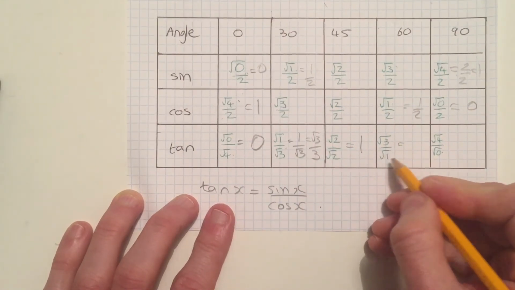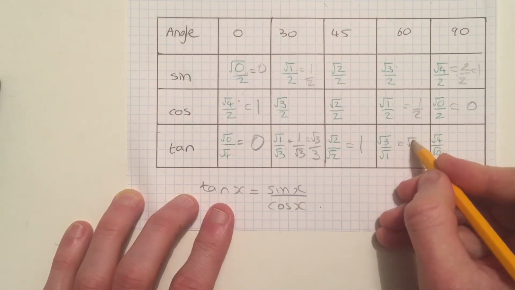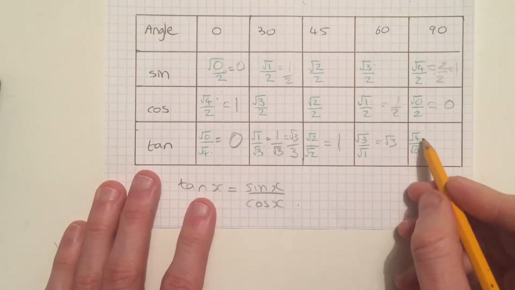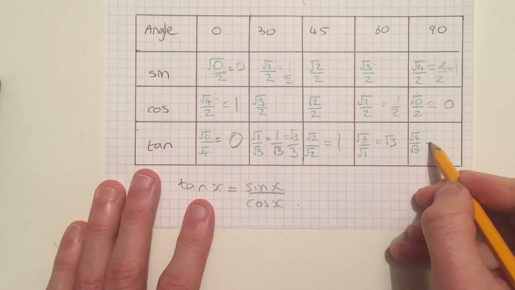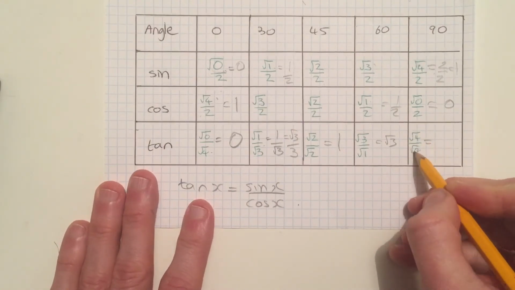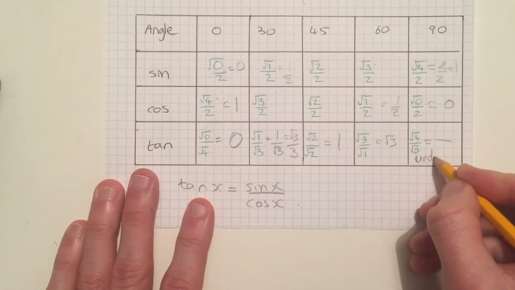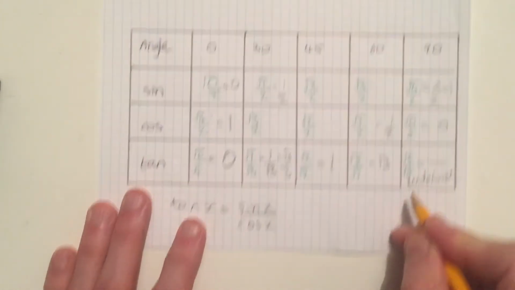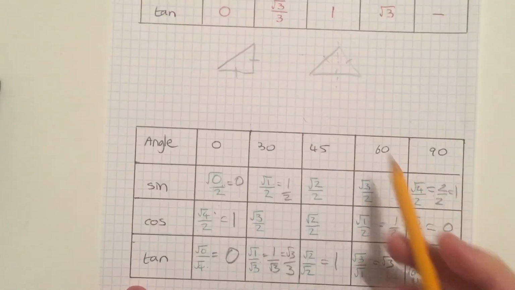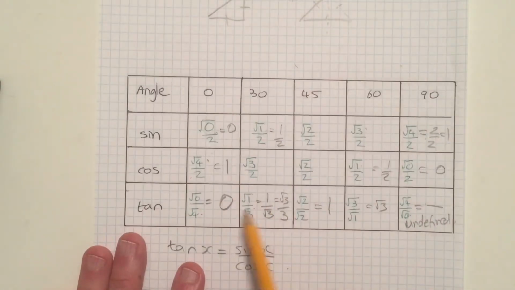Root 3 divided by 1 is just root 3. Root 4 divided by 0, well, we're not allowed to divide by 0, so this is actually undefined. It doesn't have a solution, which is why I've got a dash up there. But we can see that these give these values here.